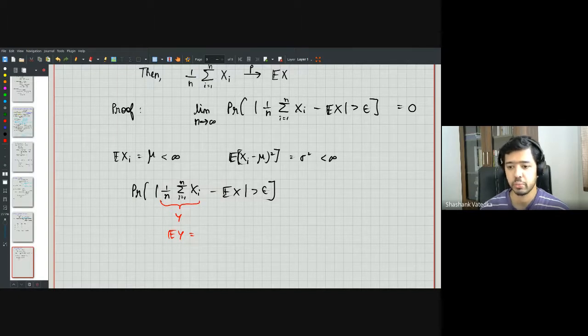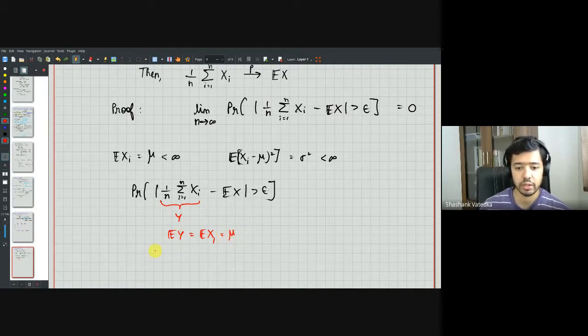So if y is 1 over n summation of xi, then what is the expectation of y? Exactly. So it's equal to mu, right?